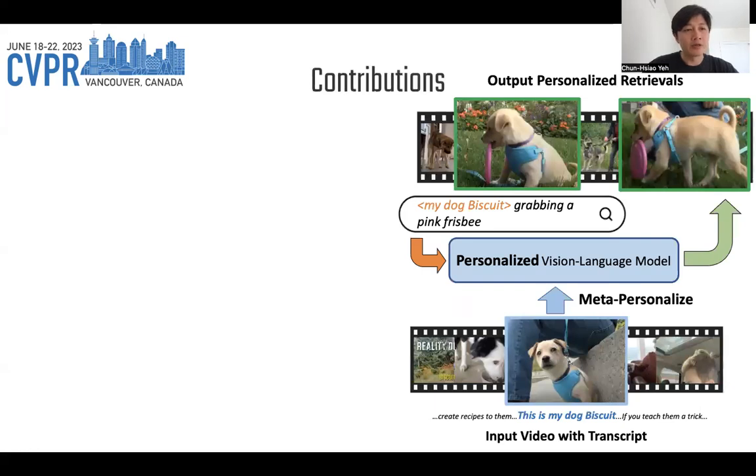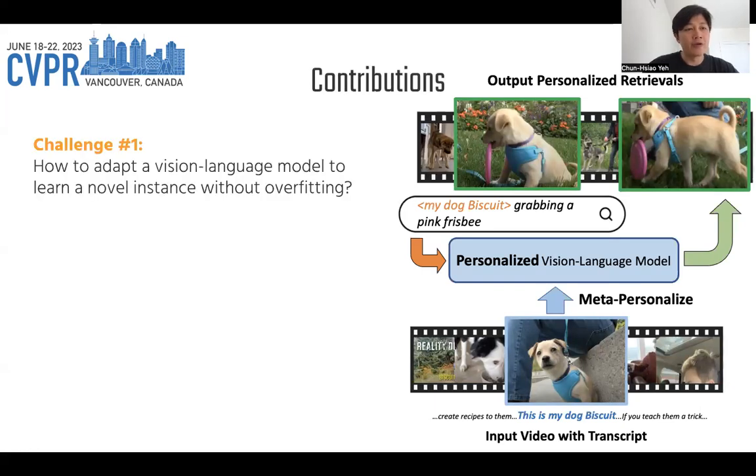Our goal is to tackle two key challenges here. The first one is to adapt vision language models to learn a novel instance from very few examples without overfitting. For this, we introduce meta-personalization, where we learn to personalize a pre-trained vision language model using shared category attributes that represent instance-specific tokens.